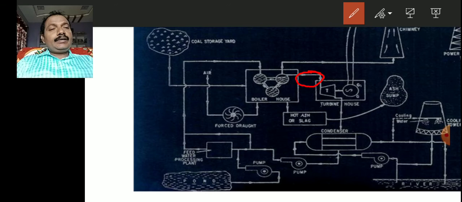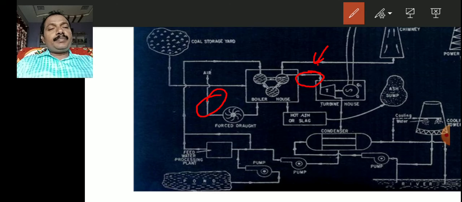Next, the flue gases which are escaping into the environment are used to heat the air preheater.